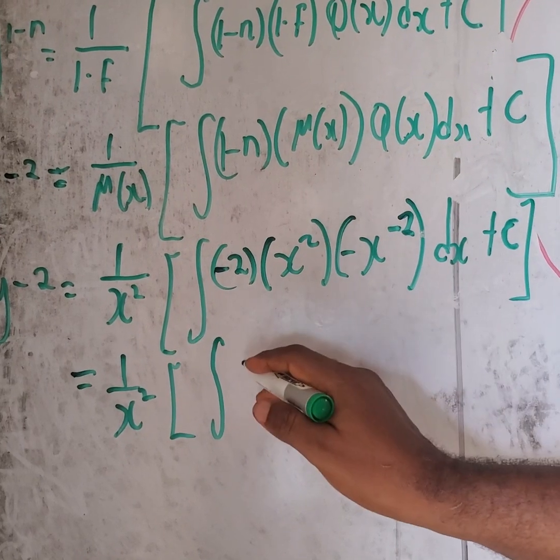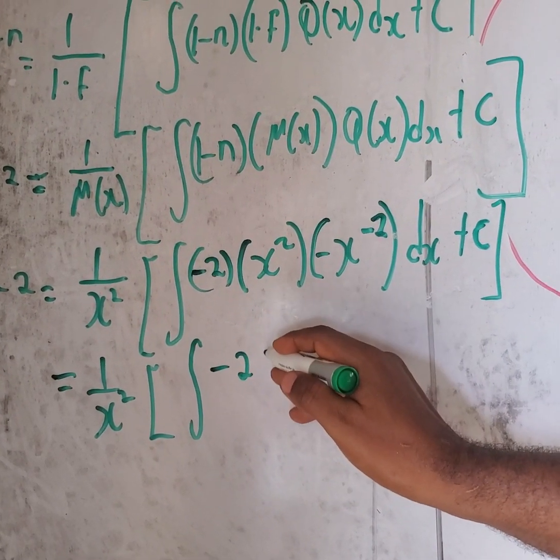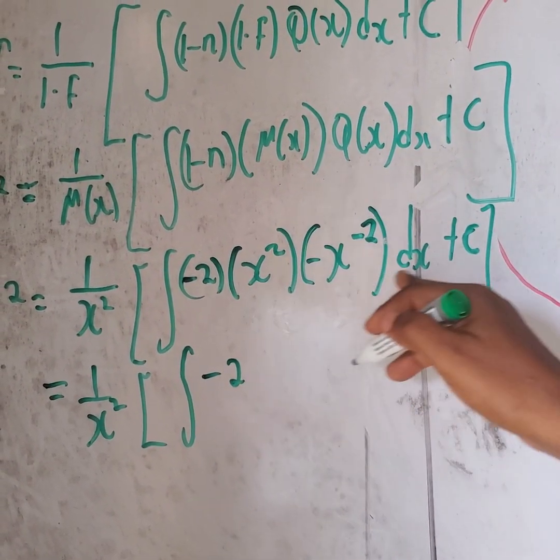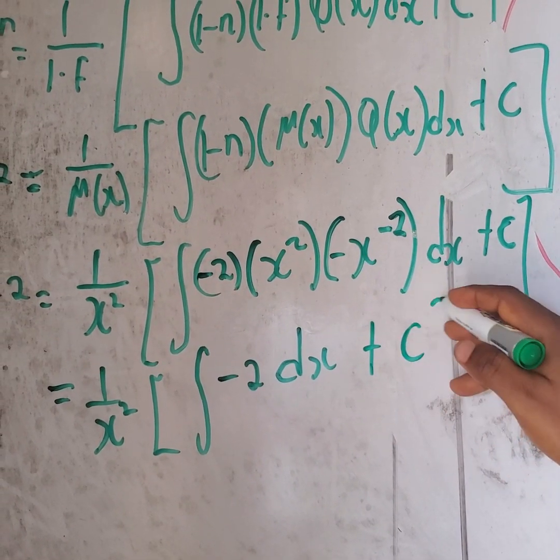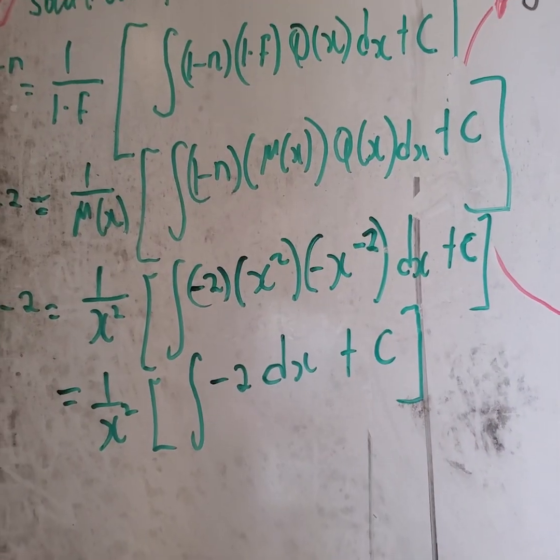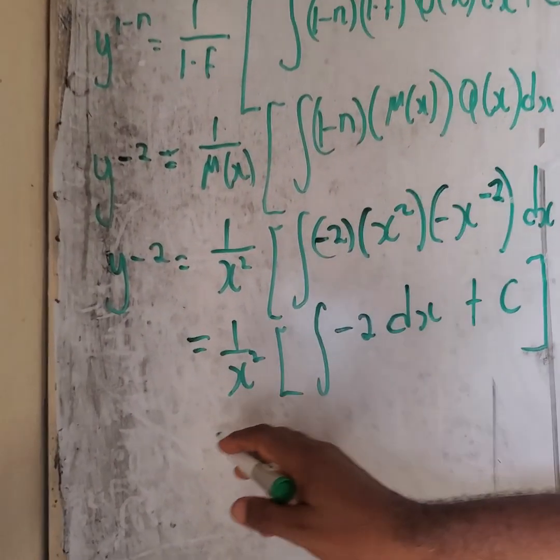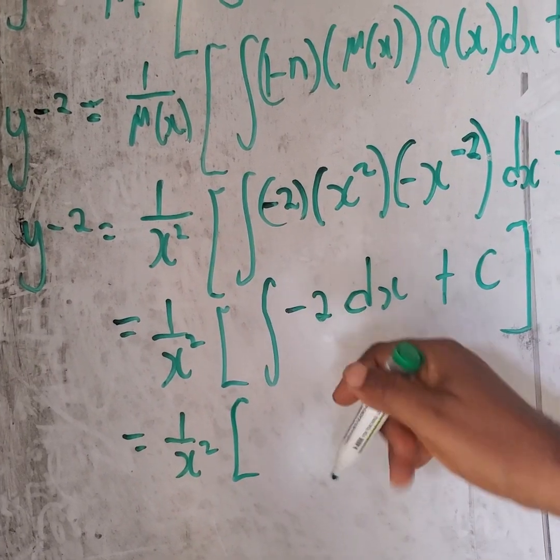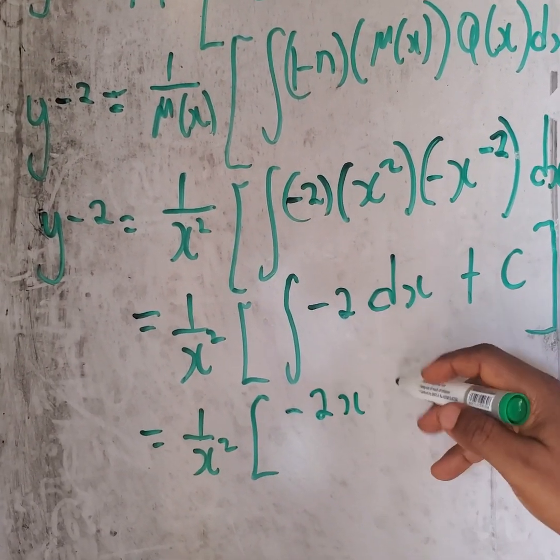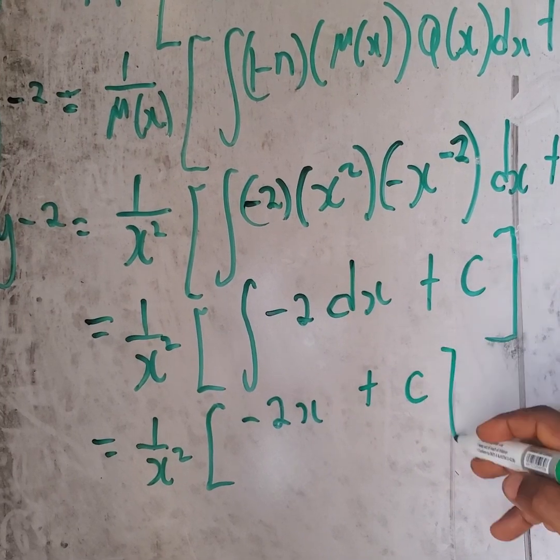So I'm going to have minus 2, sorry, dx plus c. So when I integrate this one now, going from the standard integral, I'm going to have minus 2x, then plus c.